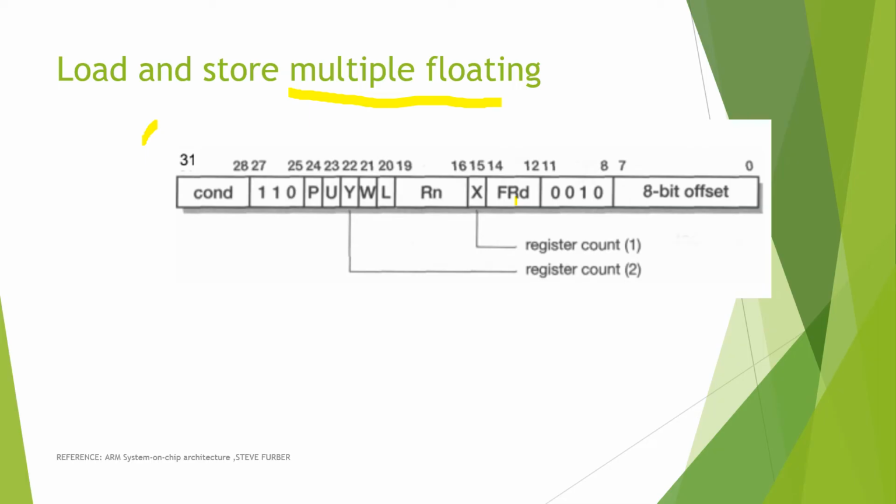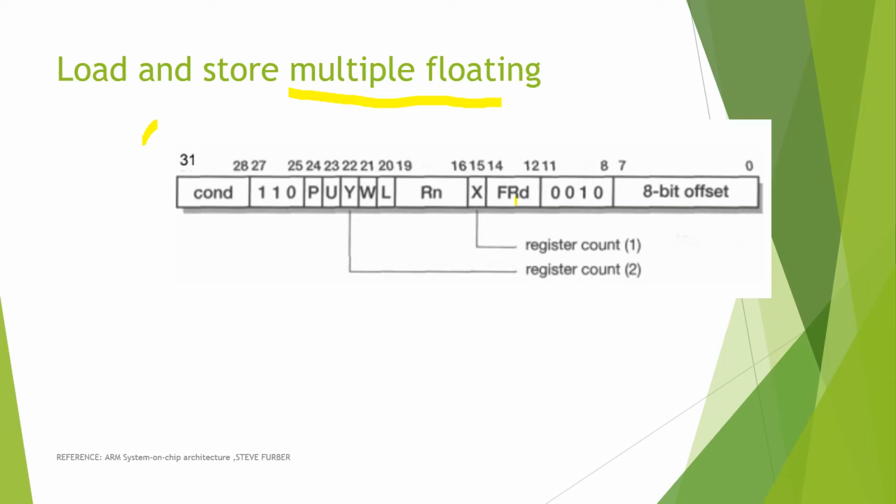Again, from 28 to 31 are the conditional ARM condition codes that you have already learned. What do you mean by those condition codes? Condition codes, that is from the opcode 28 to 31, is a 4-bit code that represents the different conditions.